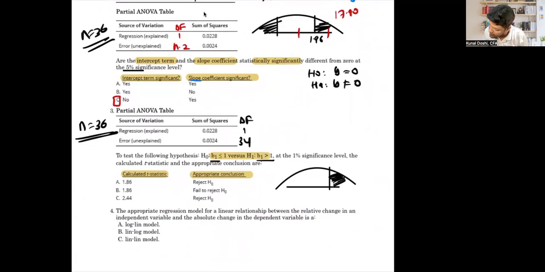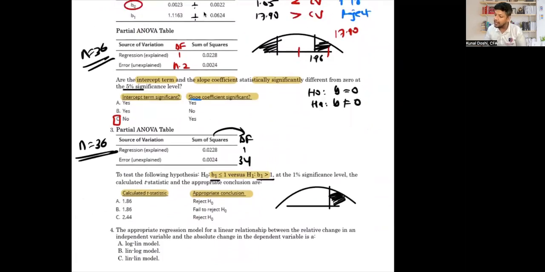When you divide the sum of squares by it, you get the mean square error. Your mean square error will be 0.0024 divided by 34. What's your answer?